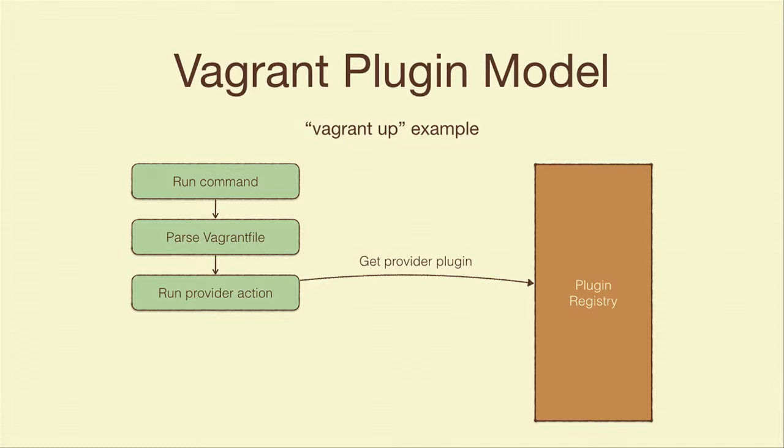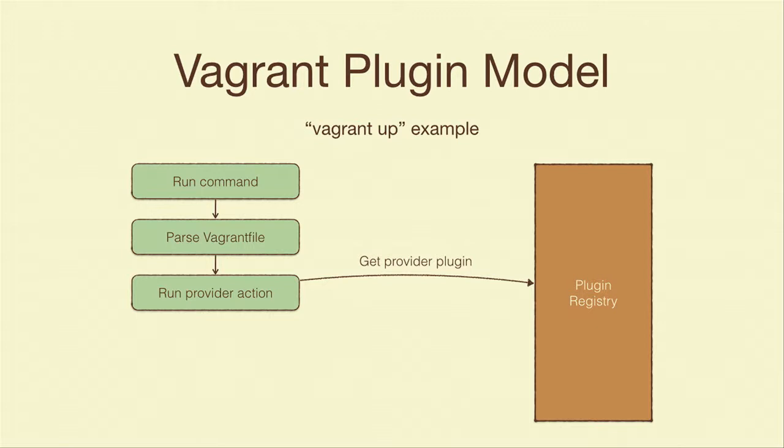So at the third step, Vagrant tries to communicate with some virtualization system, and the provider component is responsible for that. So we see that an action named up should be run, and Vagrant looks up all available providers in our Vagrant installation. It's also provided by the plugin registry.